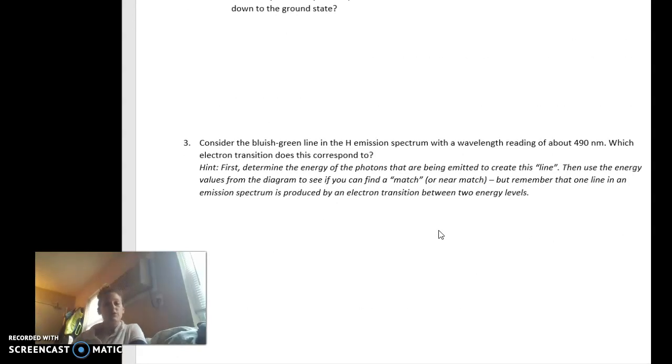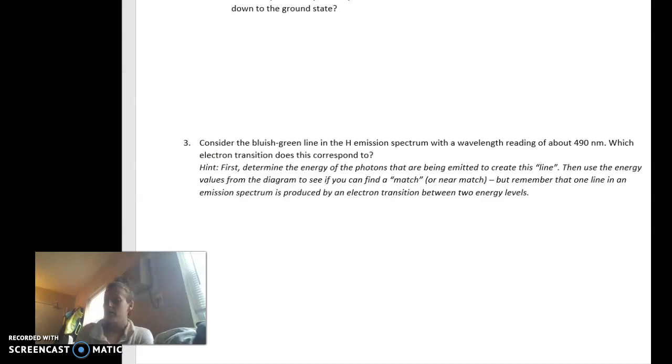Consider the bluish-green line in the hydrogen emission spectrum with a wavelength reading of about 490 nanometers. Which electron transition does this correspond to? This means what level is the electron moving from and to in order to get a wavelength reading of about 490 nanometers.